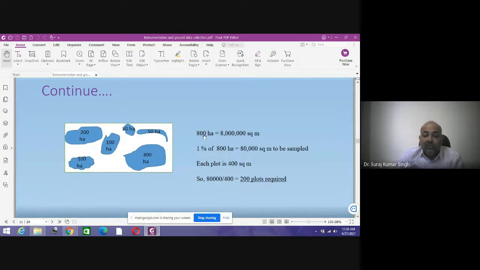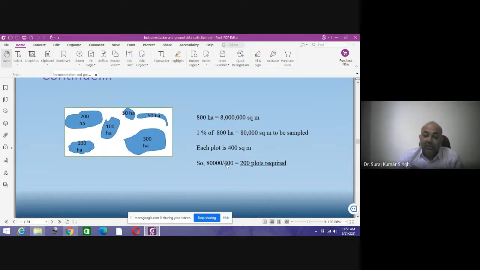So you will convert this 800 hectares into square meters, because the 20 by 20 meter plot has to be converted. Then 1% of 800 hectares is 80,000 square meters, and each plot is 400 square meters. Then you divide 80,000 square meters by 400, which means 200 plots are required.